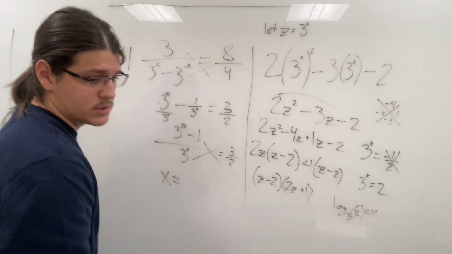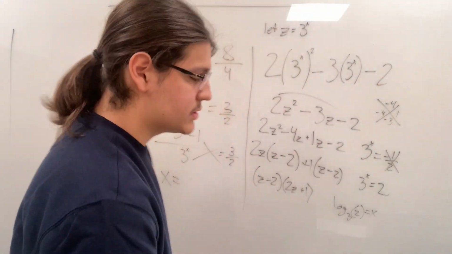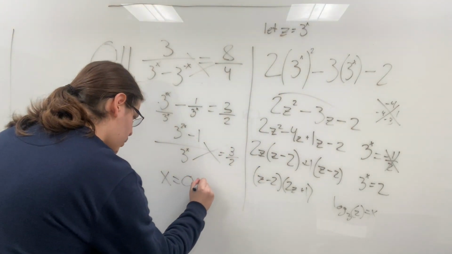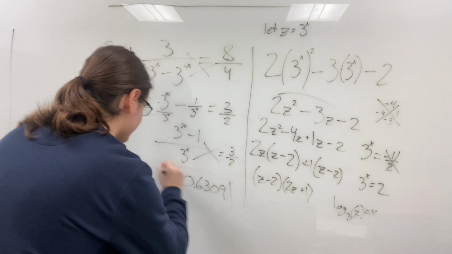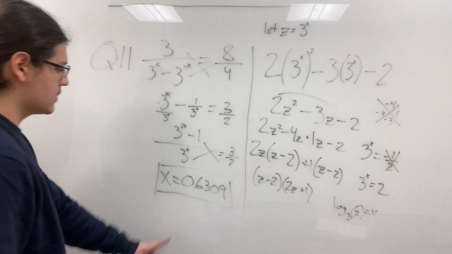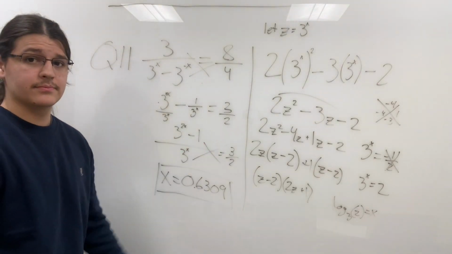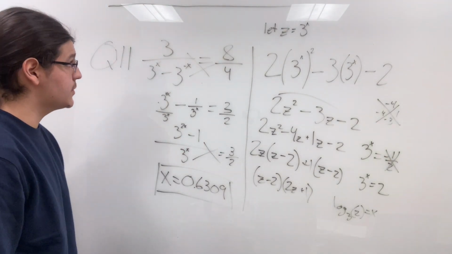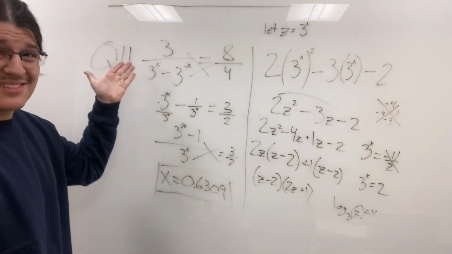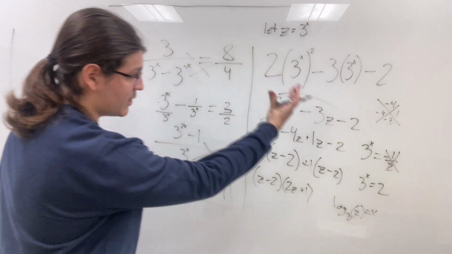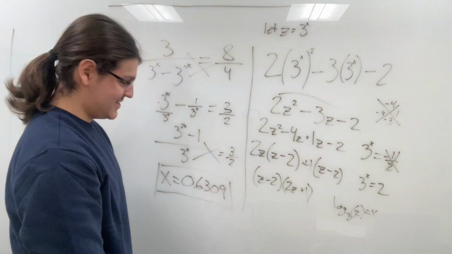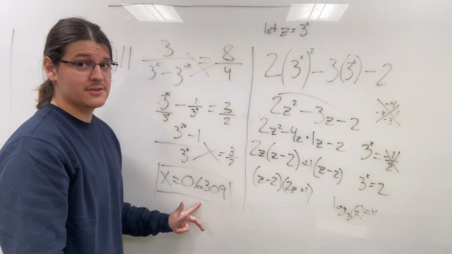X equals 0.6309. And that is true. So yeah, it looked very ugly, but we worked with it and we got to something very pretty like this. And that is our answer.